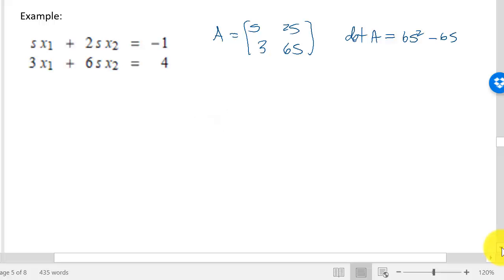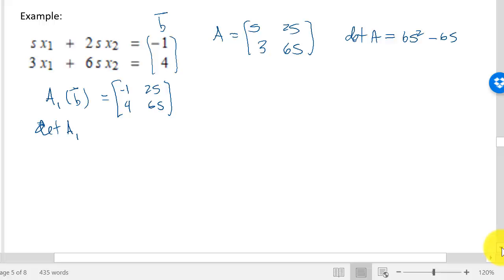And now let's find our modified matrices, A sub 1 of B, where B is the B vector here. A sub 1 of B is going to be the A matrix where the first column is replaced with the B vector. So that's 2s and 6s, and then 1, negative 1, 4.